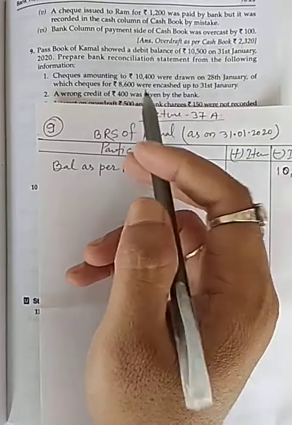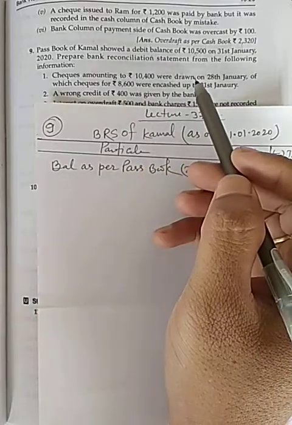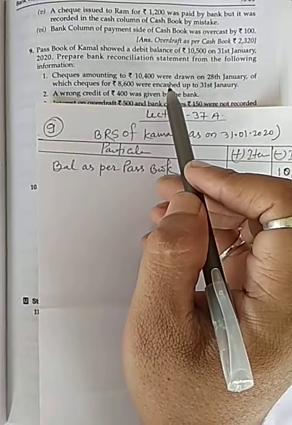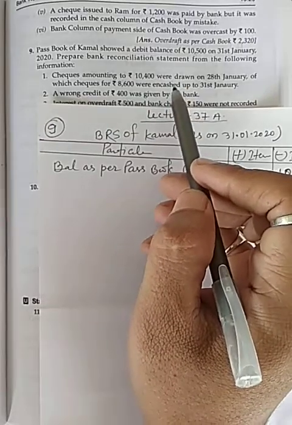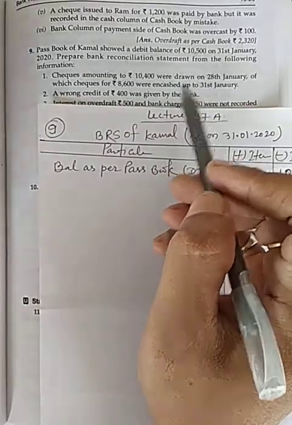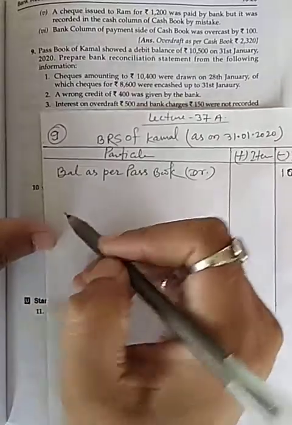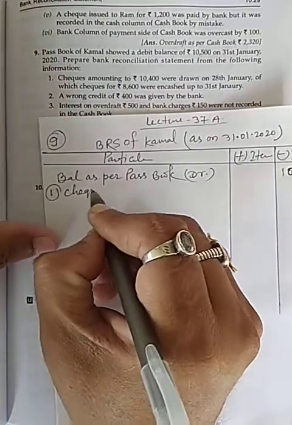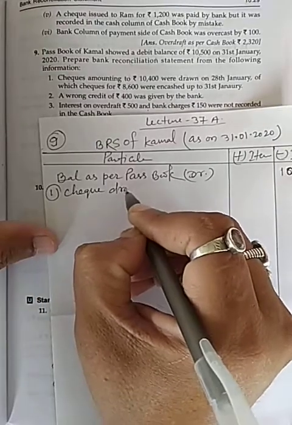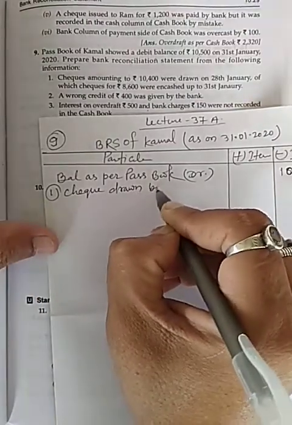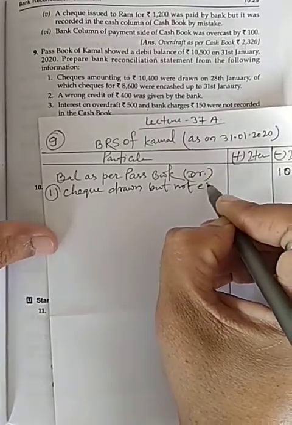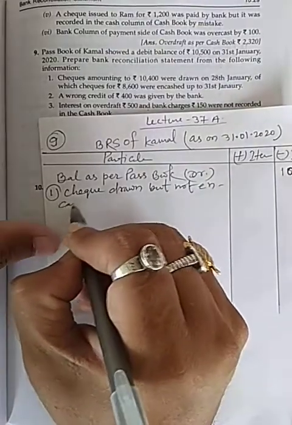It means check drawn but not encashed. We can say check issued but not present for payment. So a statement will be check drawn but not encashed.